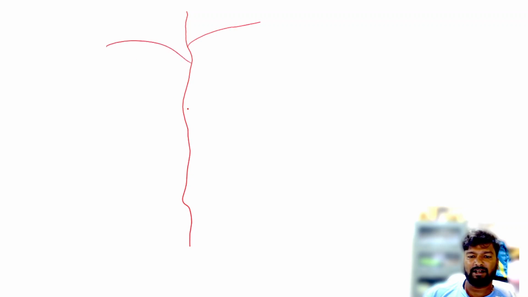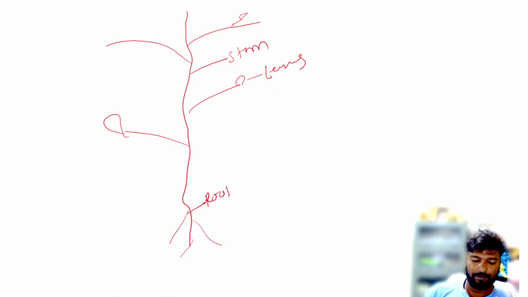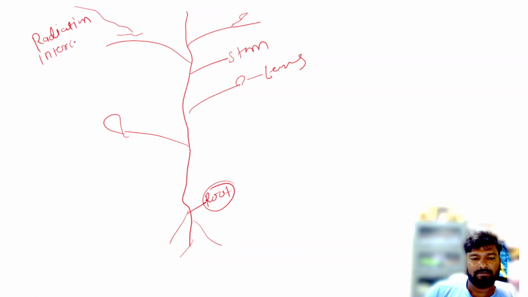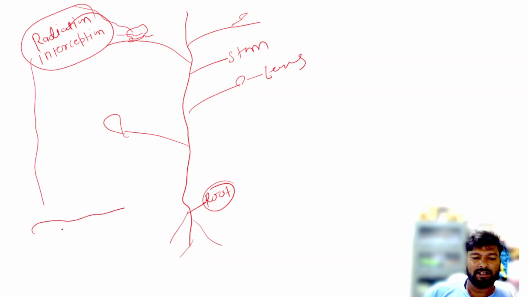So this is the plant. Okay, this is the leaf cell, this is the stem, leaves, and this is the root. Okay, so radiation interception on the leaf surface and the soil surface increases the evapotranspiration.